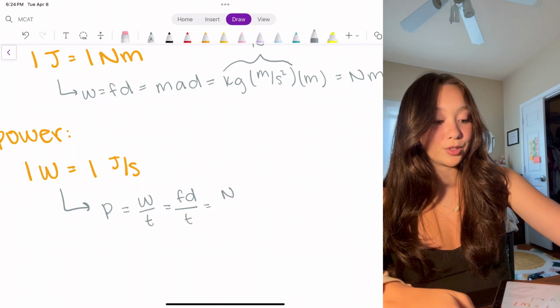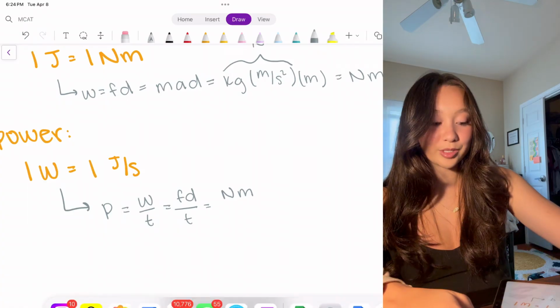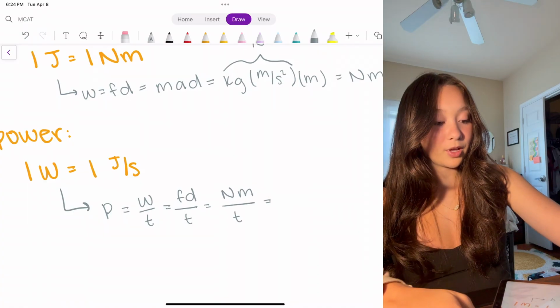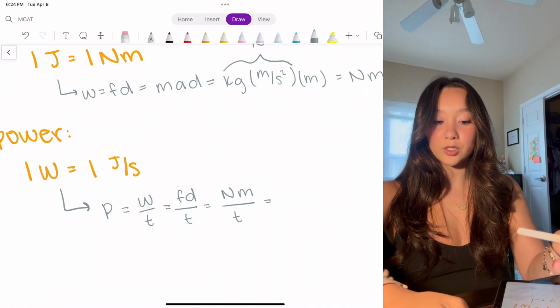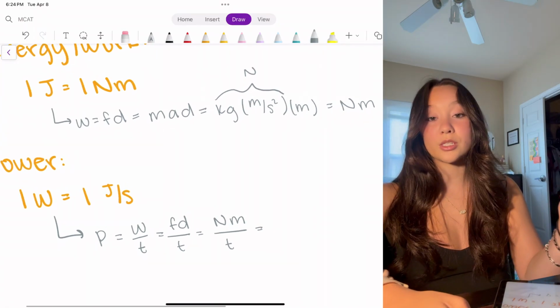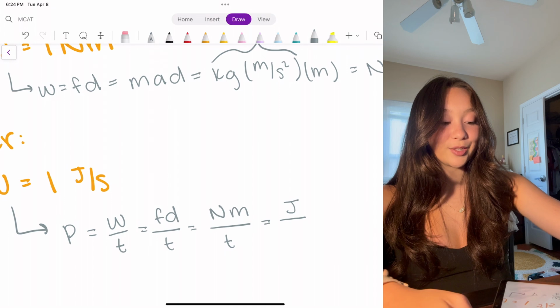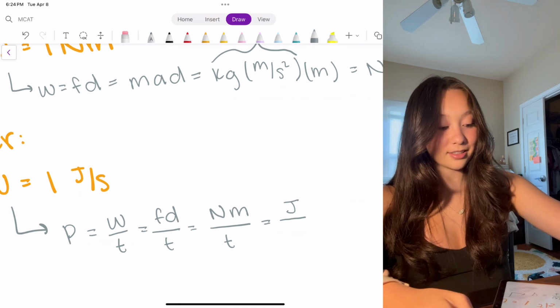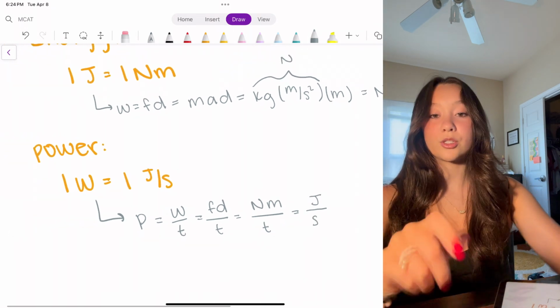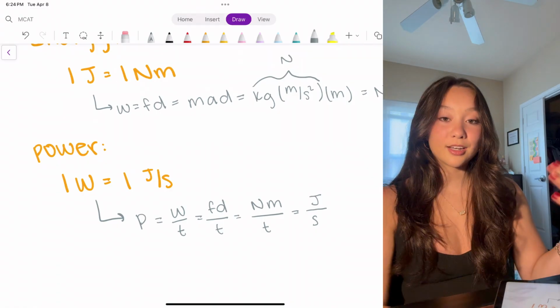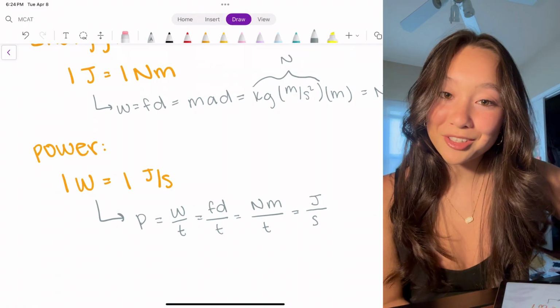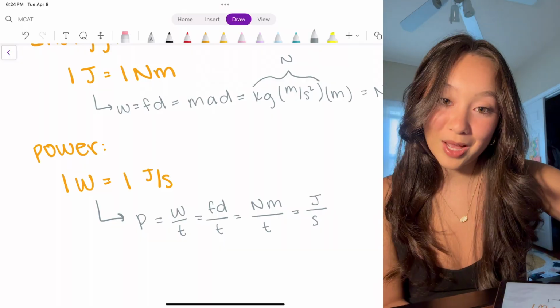So I'm going to do Newton meters, because that's what we said work was above, over time. Okay, and what did we say Newton meters was for work? We said Newton meters was joules. We can put joules up here in the numerator, and then the units for time is seconds. So that is how we get power, joules per second. Again, knowing the units might make your life a little bit easier for the multiple choice MCAT questions.